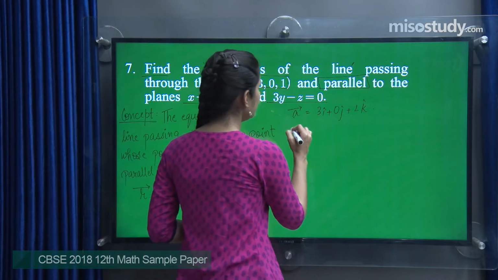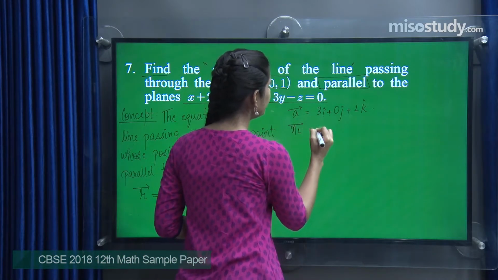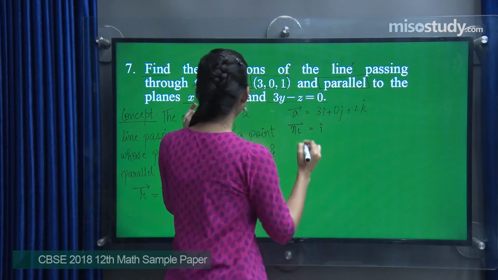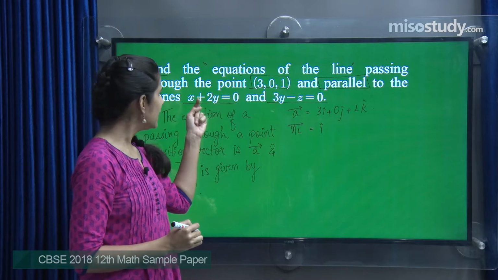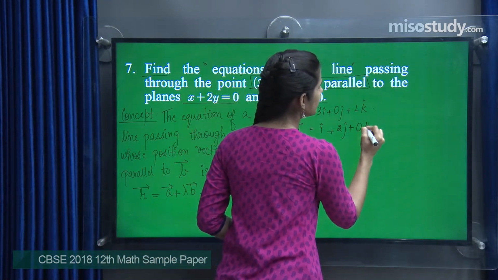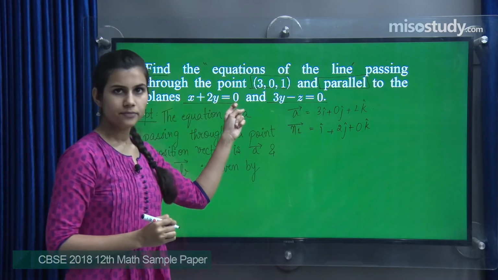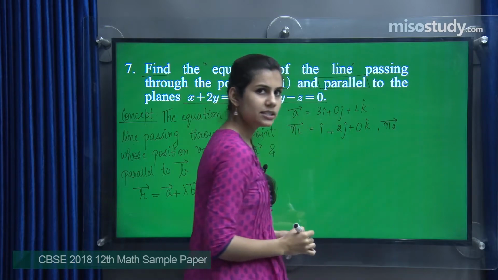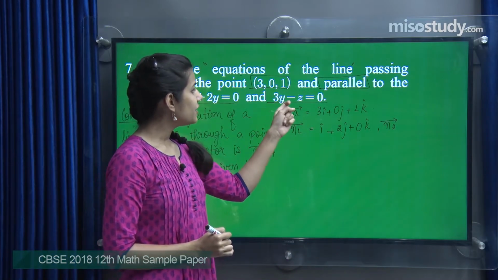Now what is the normal of the first plane? This is the first plane, so the normal is i cap corresponding to this x plus 2y, so this becomes i cap plus 2j cap plus 0 times k cap. And then what happens to the normal of the second plane? This is 3y minus z.